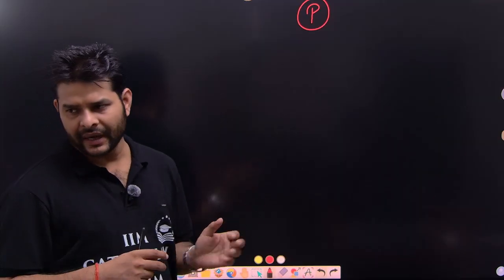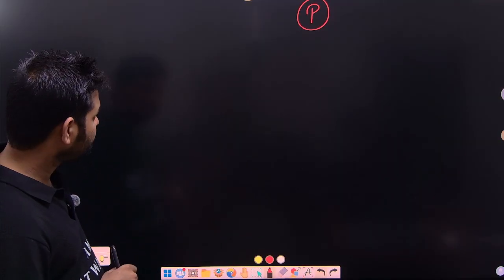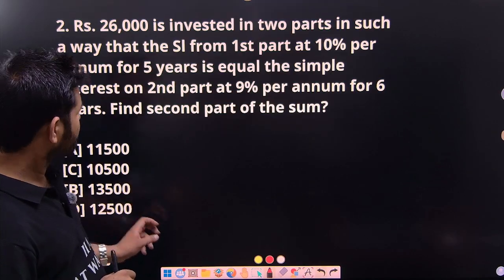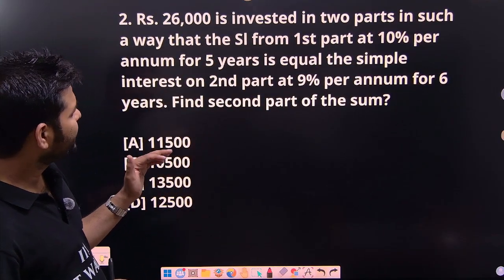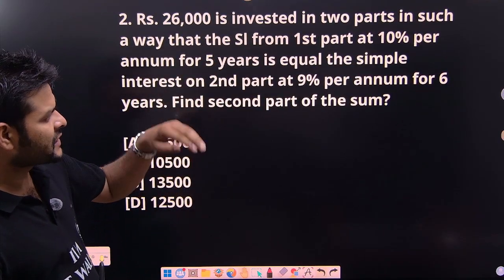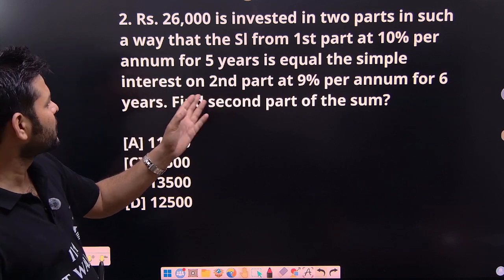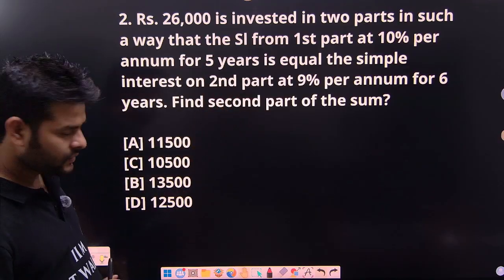If we discuss in detail, we will generate a formula. So the question says: 26,000 is invested in two parts in such a way that the SI from the first part at 10% per annum for 5 years is equal to the simple interest on the second part at 9% for 6 years.